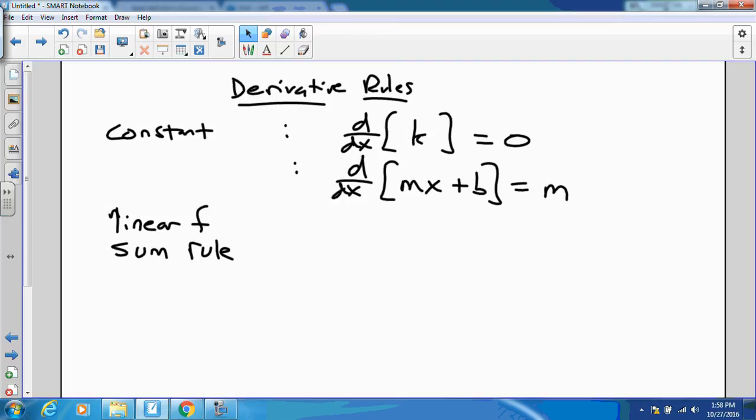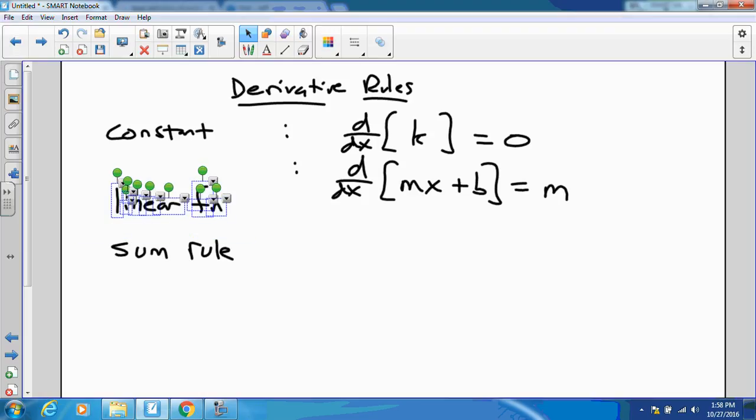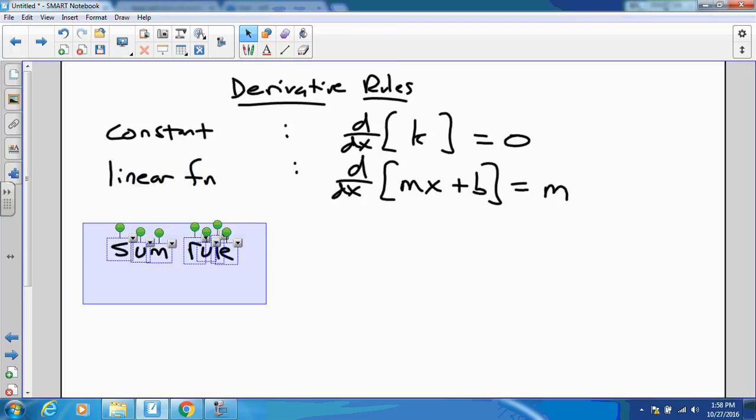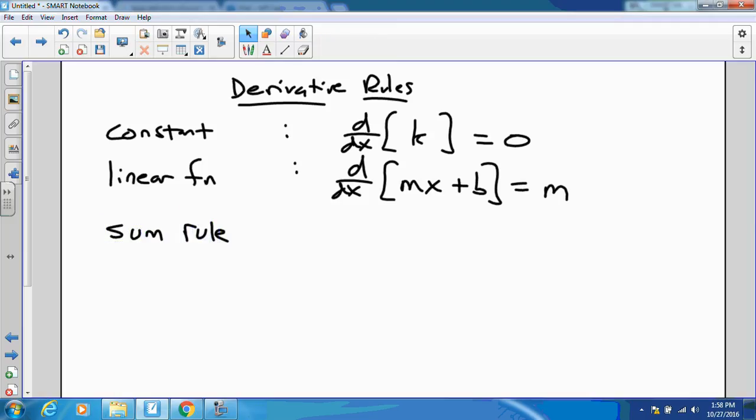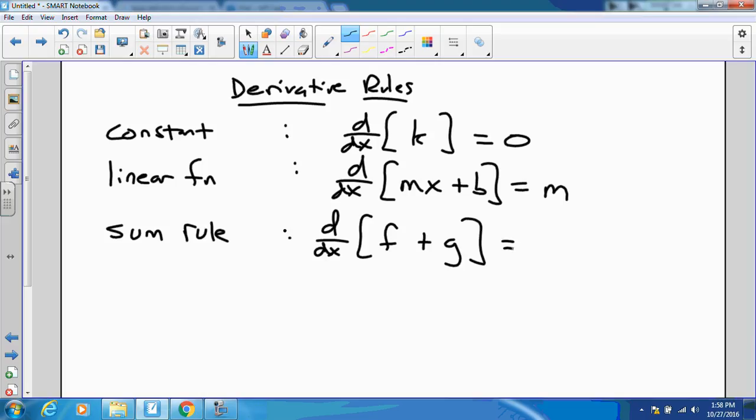Sum rule. The derivative of f plus g is... Difference rule.